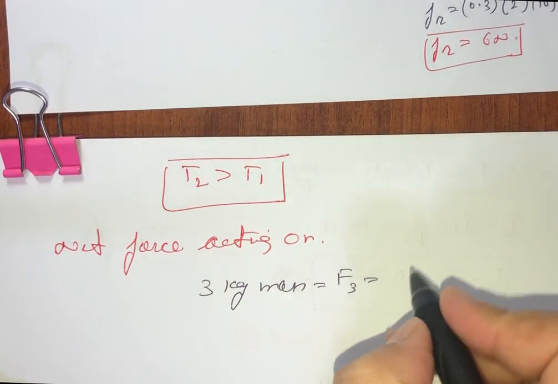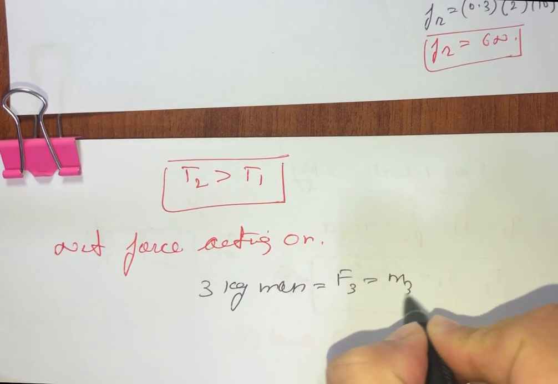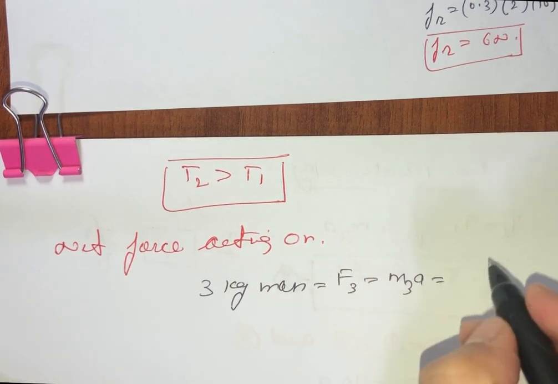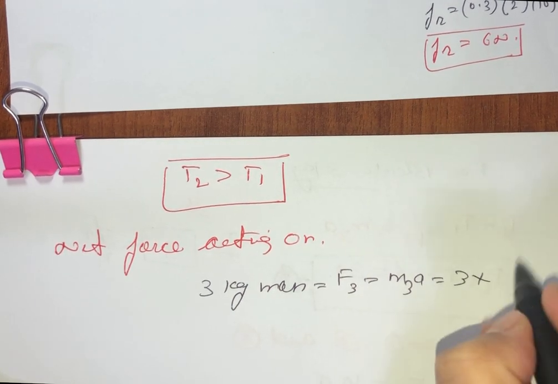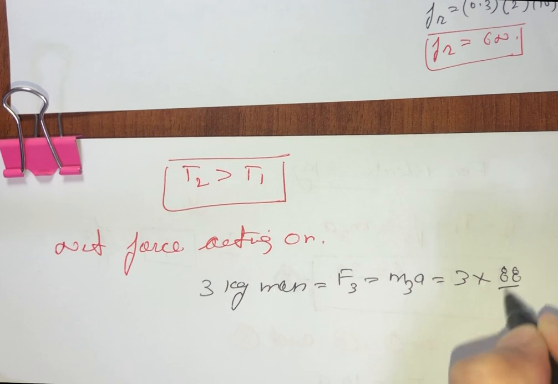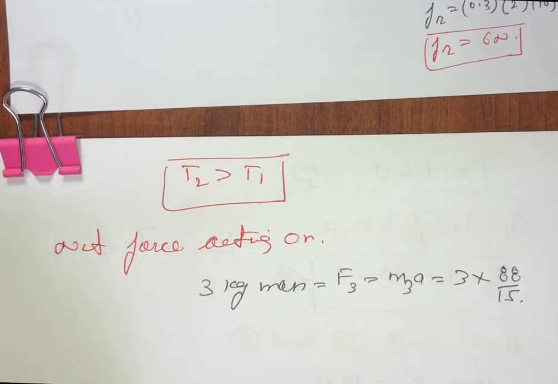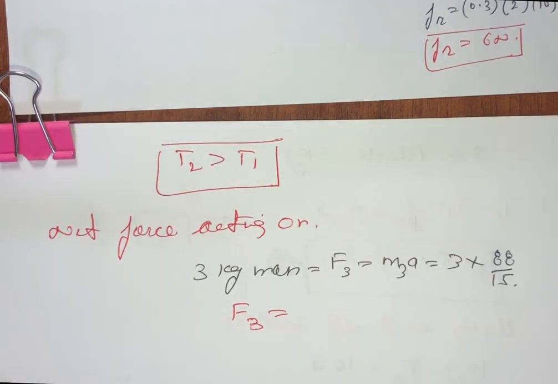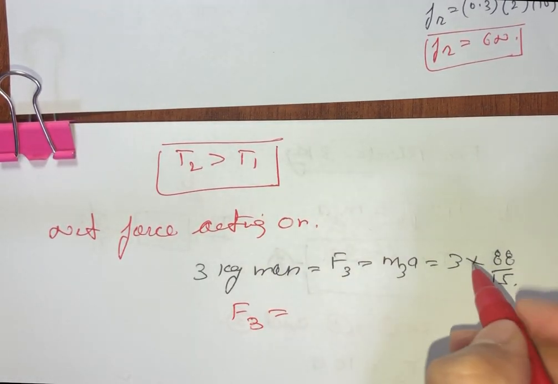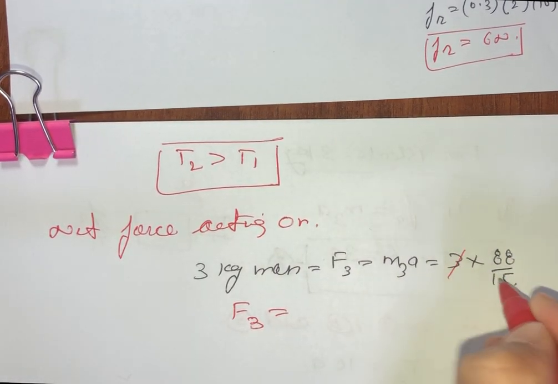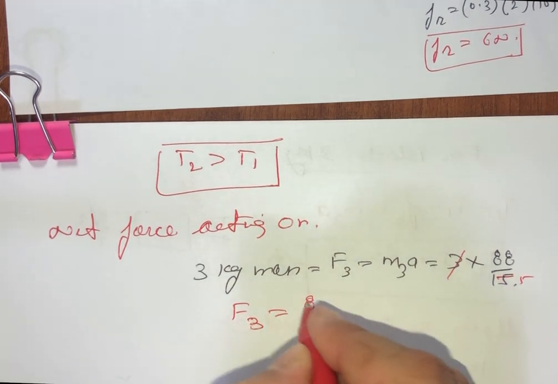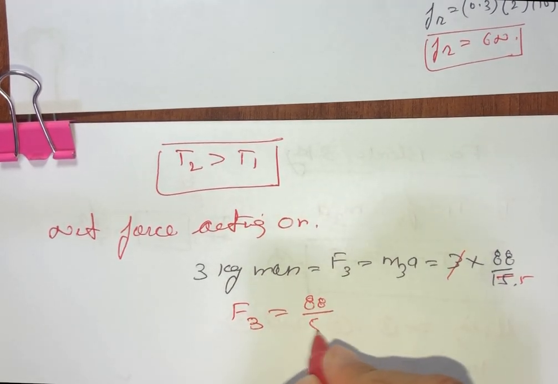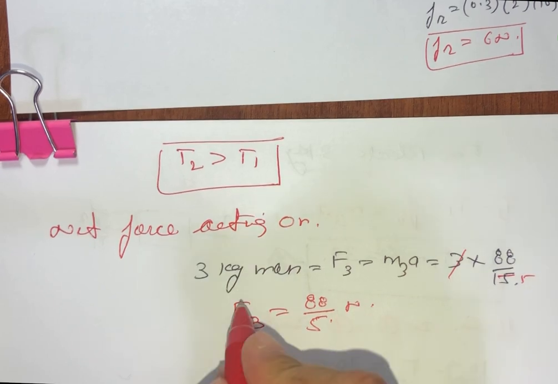So this will be equal to M3 multiplied by a. M3 is 3 and this is 88 by 15. So from here we can say that our F3 will be equal to, this goes by 5, 88 upon 5 Newton.